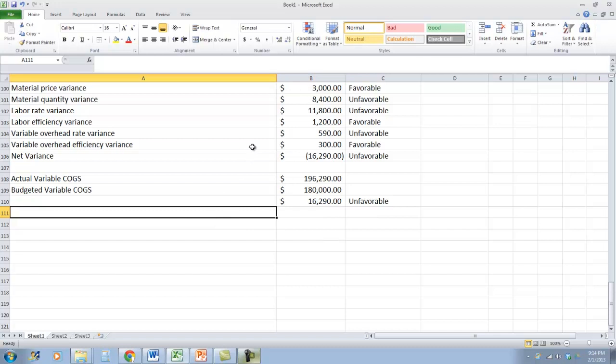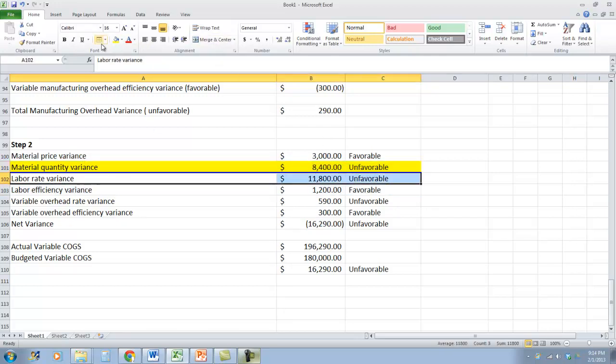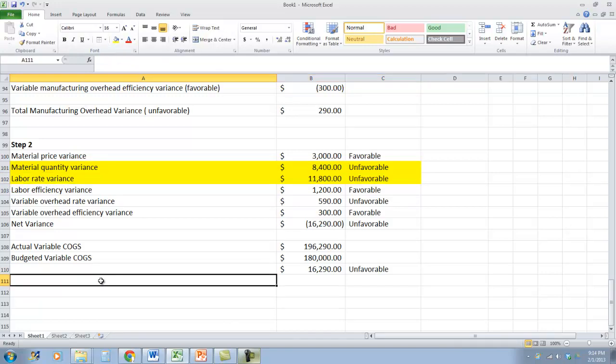So what does this all mean? The two most significant variances are materials quantity and the labor rate variance. What could be the reason for materials quantity variance? Well, they could have outdated standards, unskilled workers, poorly adjusted machines, careless workers, poorly trained workers, or an inferior quality of materials.